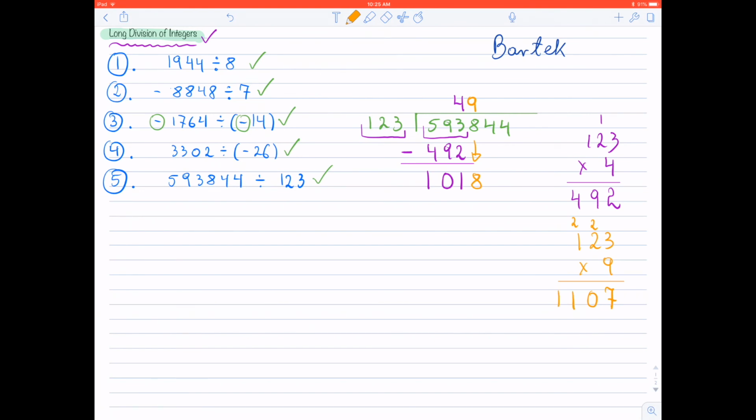So take a look what happens here. We have 1018, and if I use 9, I have 1107, which is bigger. So I've guessed too high. 123 will not go into 1018 9 times.